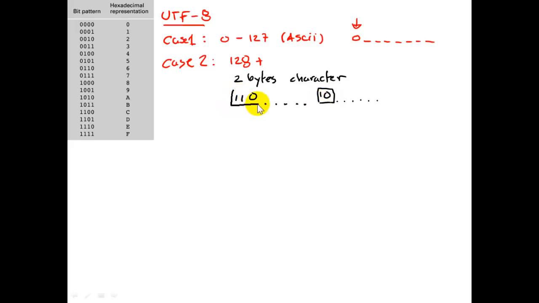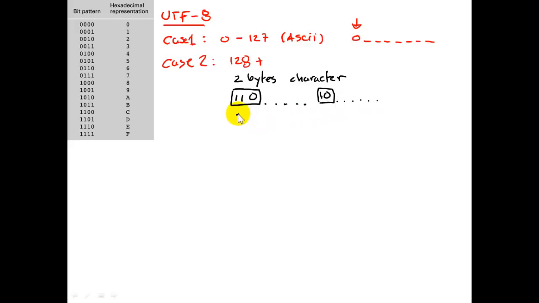Okay, so when a UTF-8 decoder sees a byte that begins with a 1, it knows that it's not in the ASCII range, and therefore it is part of a multi-byte character. So the number of 1s at the beginning followed by a 0 is going to tell the decoder, okay, this character is going to be taking 2 bytes. And to confirm that there is no mistake, each byte that follows on has a 10.